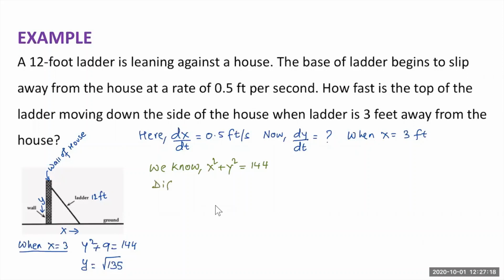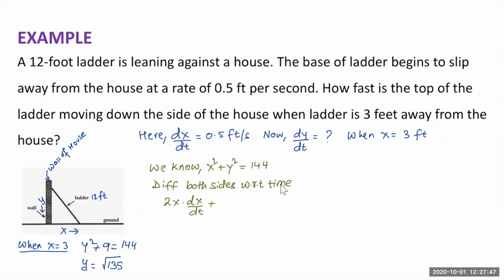So differentiating both sides with respect to time, what we get is, you find the derivative of x squared, you bring that 2 down and reduce the power by 1. It will be 2x using the power rule. And you are differentiating x with respect to time, implicit differentiation, so multiply by dx over dt.